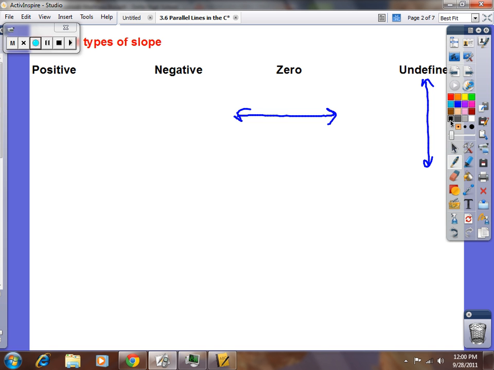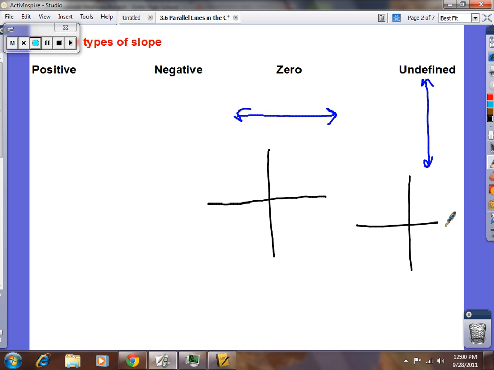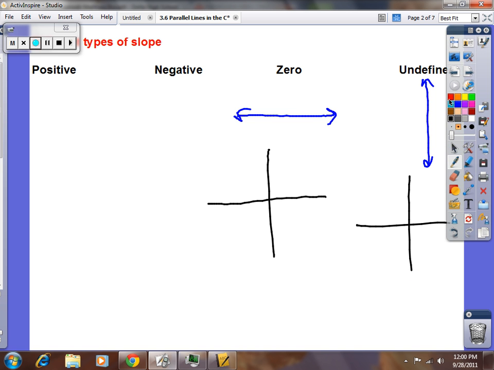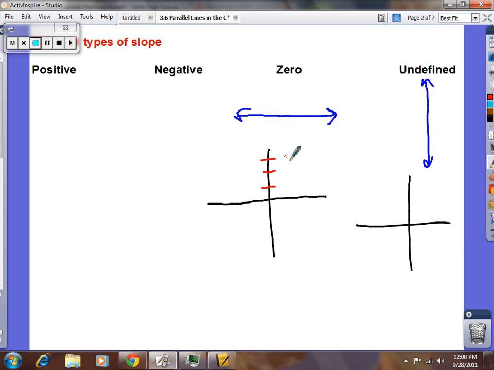If you have a coordinate plane, the 0, let's say right here on your y, 1, 2, 3. Let's say there's a horizontal line going through the y-axis at 3. Okay, what is the slope of this line? So m equals 0. But what's the equation?